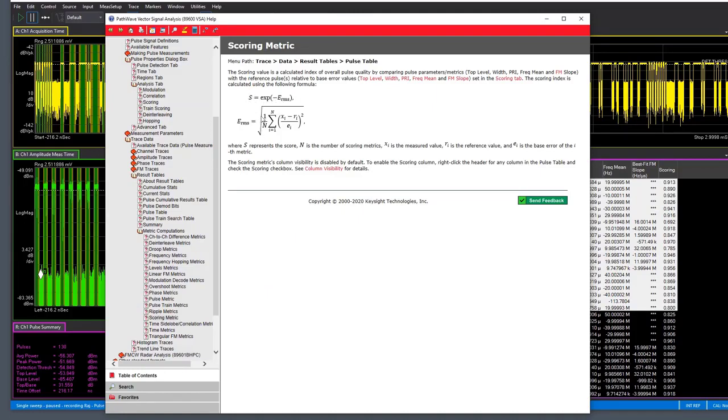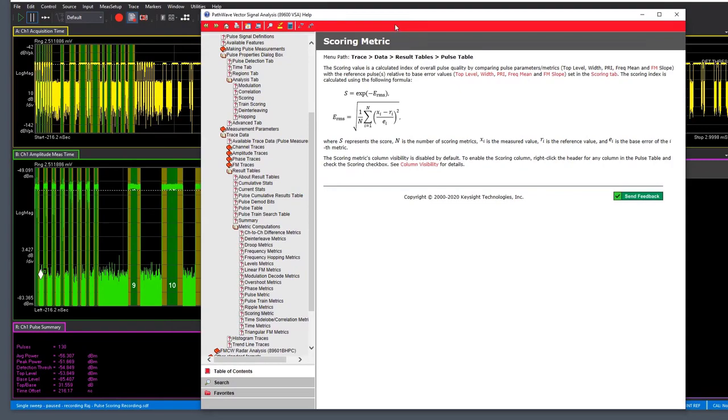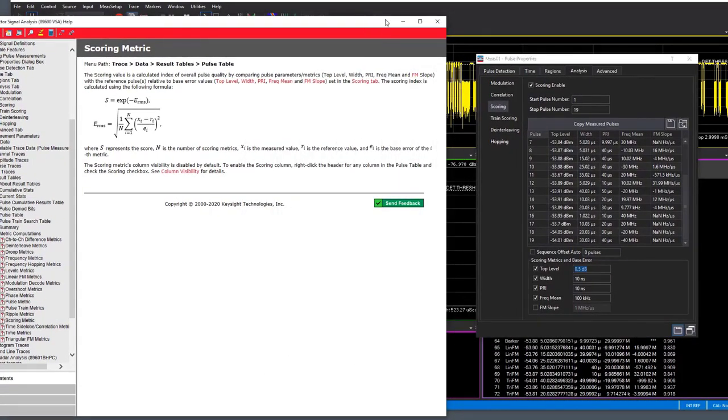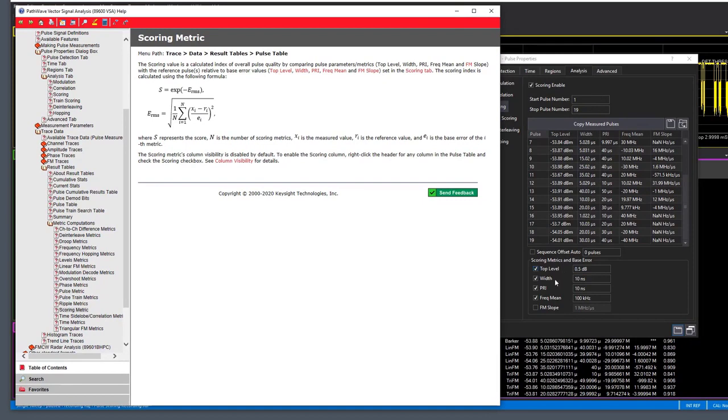And error RMS is the square root of 1 over n, where n is the number of scoring metrics. So the scoring metrics is what we see here: top level, width, PRI, frequency, mean, and slope. So n can be 1 to 5, and it's the summation over x sub i minus r sub i divided by e sub i, and all that squared.